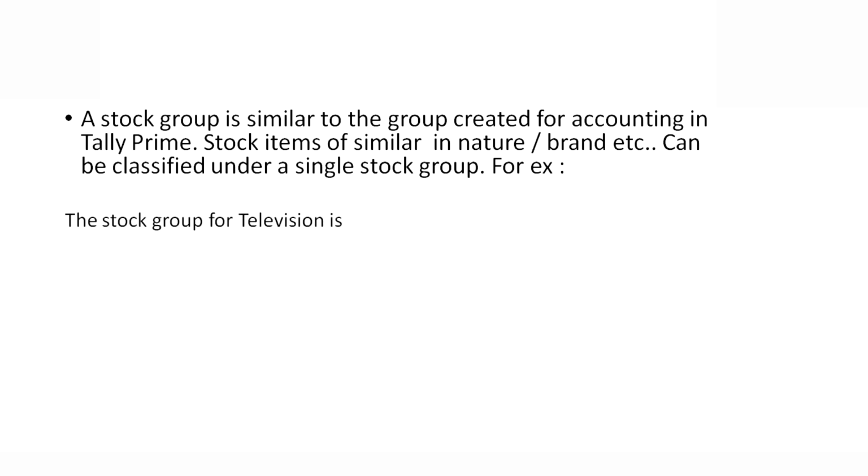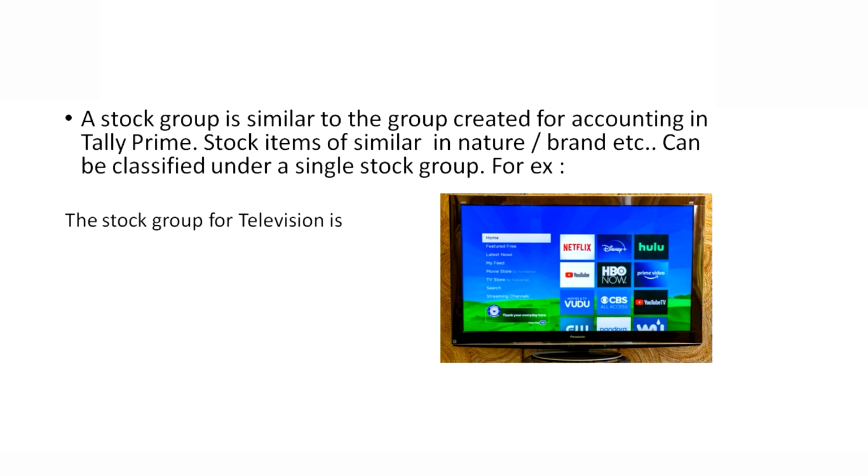if you take televisions as a group, in this television we have n number of brands like Sony, Videocon, Samsung, Philips, etc. All these will be created as subgroups for a television.